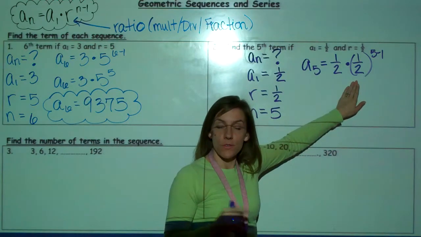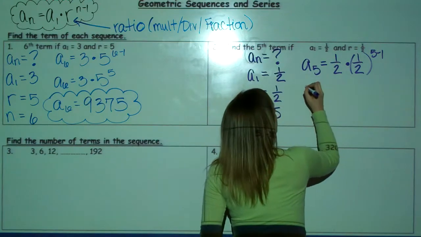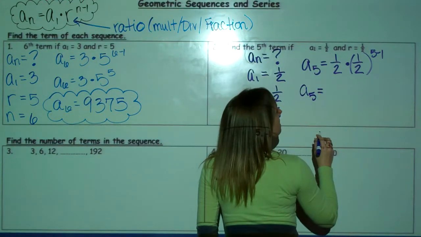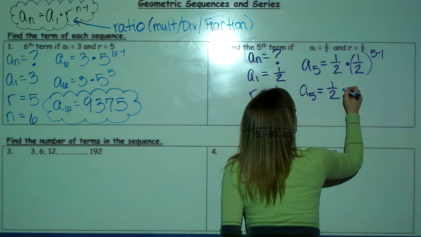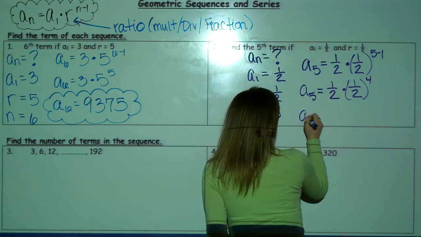And I did put parentheses around it just so that we're careful. If it were negative, you'd want to use parentheses just to be careful. So that's 1/2 times 1/2 to the 4th power.